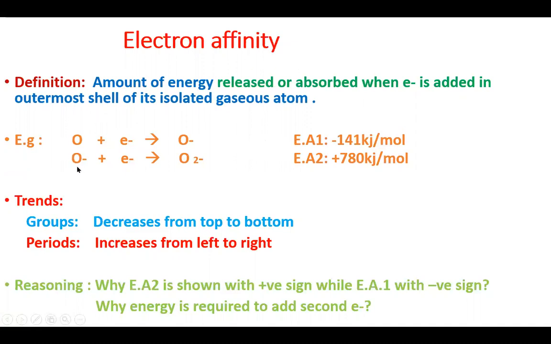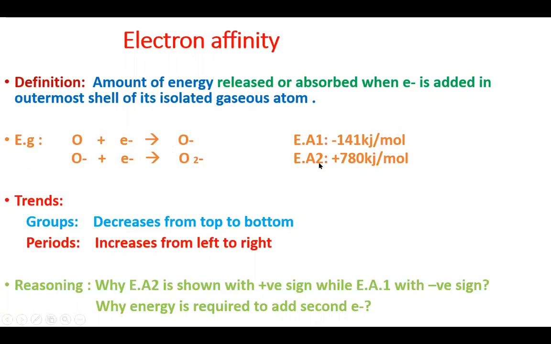When an oxygen atom has gained 1 electron, it has become a uninegative anion. The second electron has to be added to this anion instead of an atom. When this negative anion adds an electron, it forms a dinegative ion.